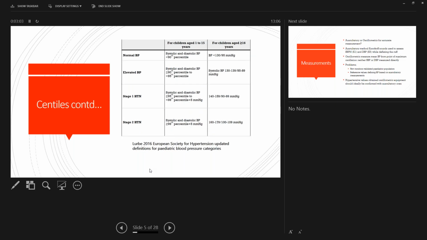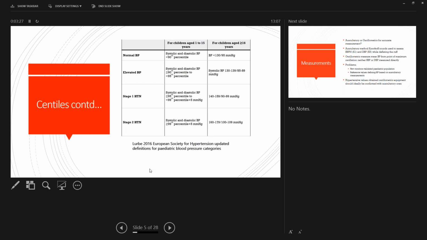The European ones then are, I find, slightly easier to interpret. They are based on children from age 1 to 15, and then for children age 16 and over it is their adult classification. And these ones are a bit more clear cut. They're not either or with percentiles or figures you'd be obtaining.